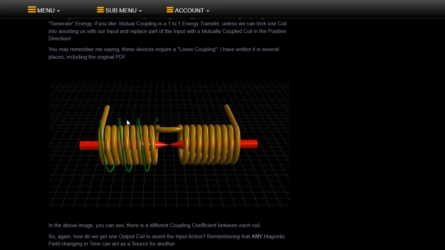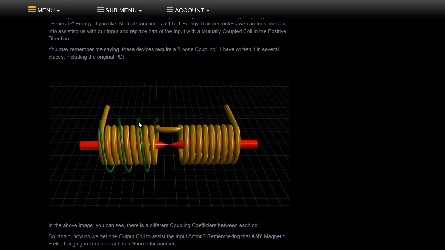The primary coil needs to induce a current in this coil. The primary magnetic field would be this arrow, but in reverse. The magnetic field from the first secondary coil would be this arrow. Then the trick is that we have to get this coil over here to produce a magnetic field in the opposing direction, which would be assistive to the input coil.